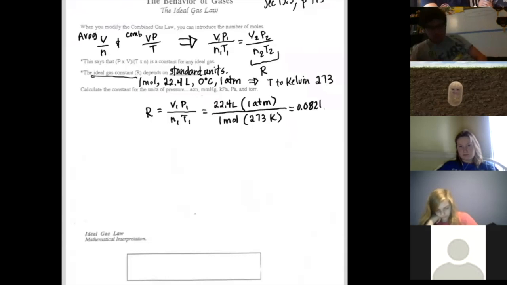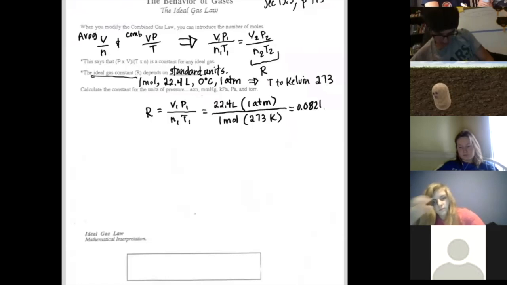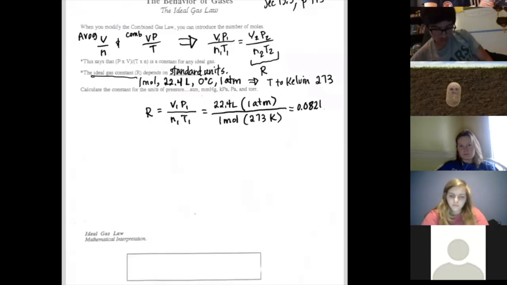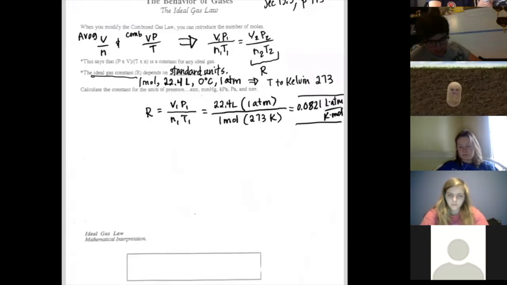So 0.0821. Notice, look at your units. None of the units cancel out. So you have a complex unit, liter atmosphere per Kelvin mole. So this is the R value that you must memorize.